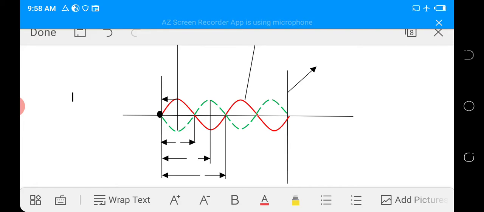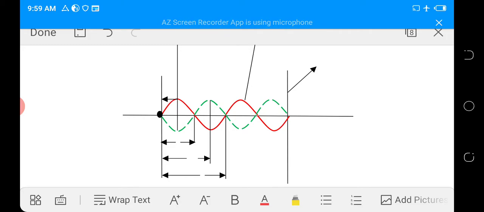You can see the crest of one falls on the trough of the other, and we have a stationary wave. All the points on the horizontal line are known as nodes, while the points of maximum displacement on both red and green waves are called antinodes.